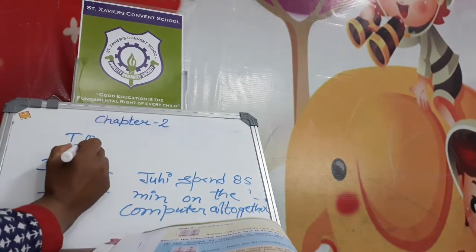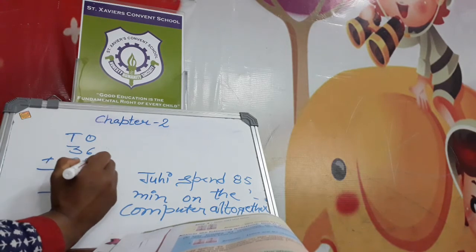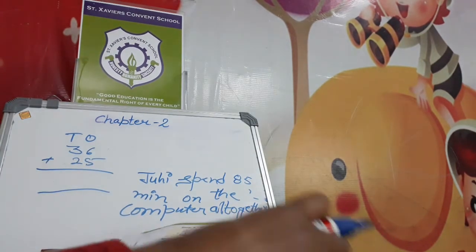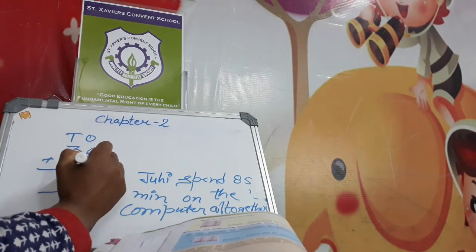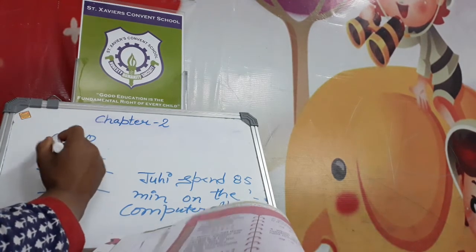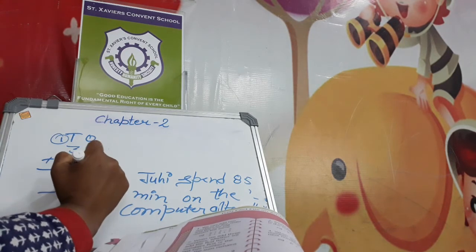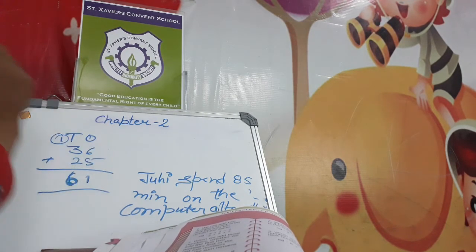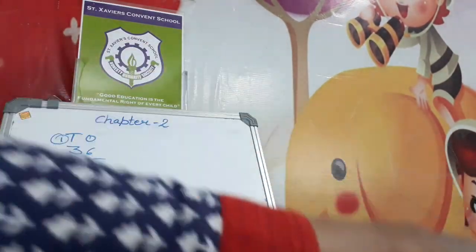36 children swam in the afternoon and 25 children in the evening. Now count this number. 6 plus 5, 11, 4, 5, 6, 61. The total number of students who swam.